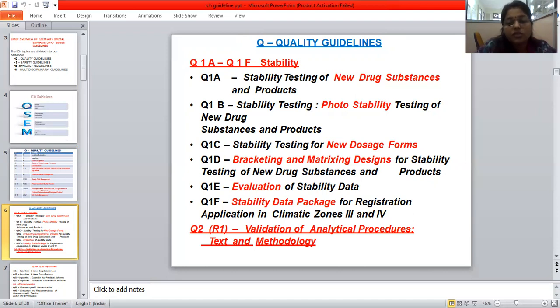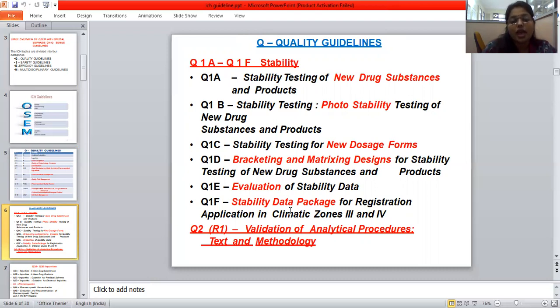Q1F is the stability data package for registration application in climatic zone 3 and 4. Because in your syllabus they include all about the stability overview, the ICH stability study, in that we can refer in a descriptive way to what Q1A is, what the photostability study is, how to perform it, the bracketing matrixing method, evaluation of stability data, and how we classify the different climatic zones. For zone 3, what is its humidity condition and temperature condition.